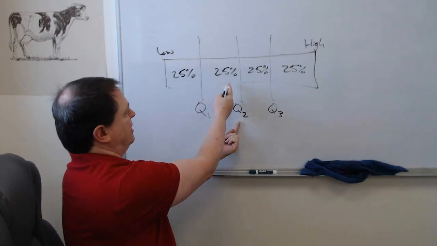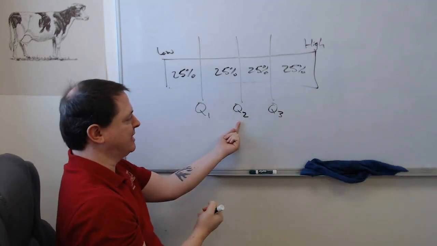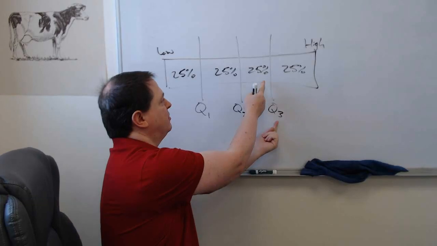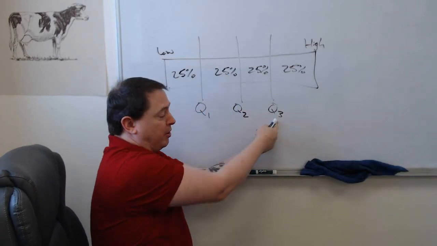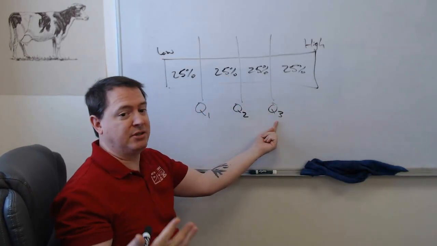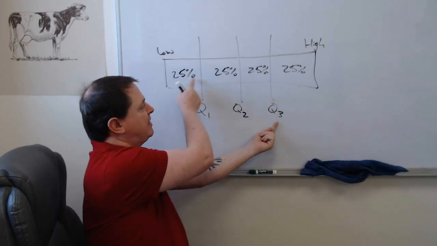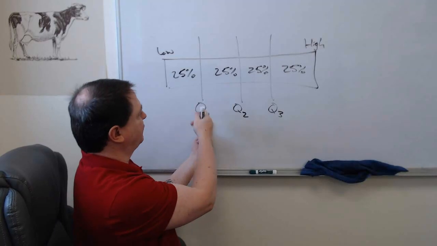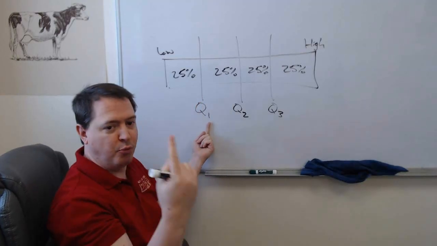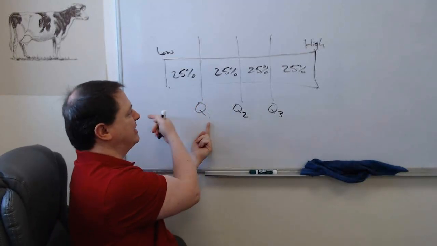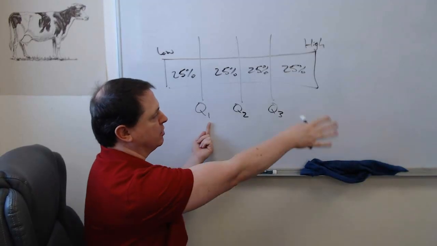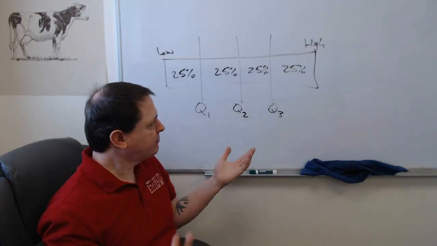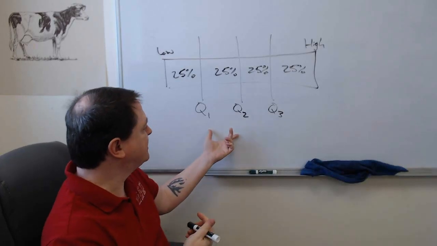For the second quartile, 25 plus 25 is 50% of the data is less than that. For this third, it's 3/4, so 75% of the data is less than that. And we should also know what's more. For this first quartile, first means 1/4 of the data is less. That means 3/4 is more. Okay, so that's how we interpret these things.